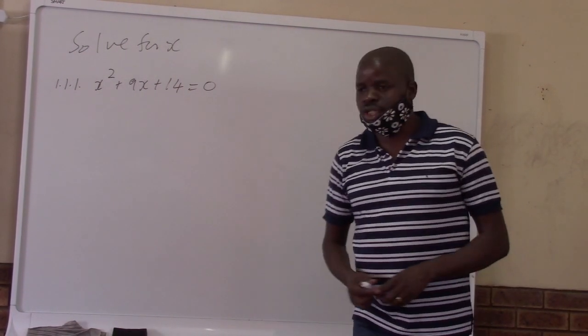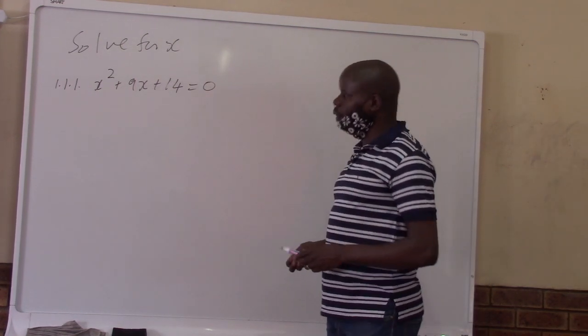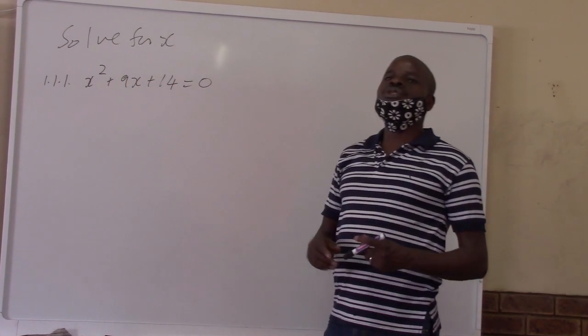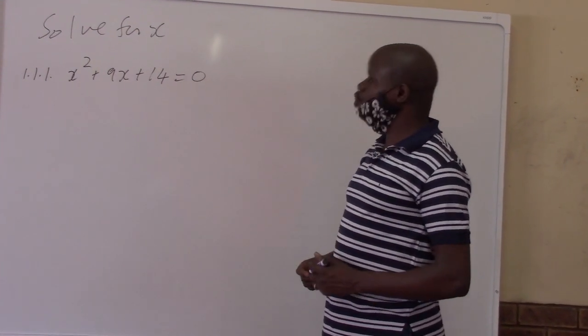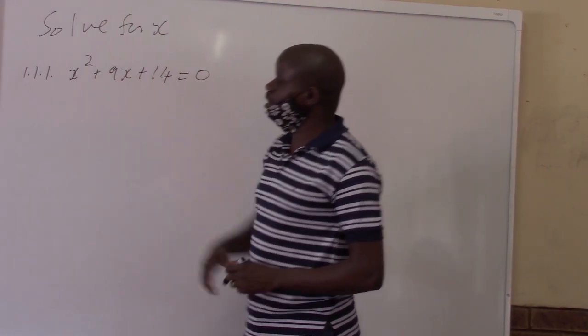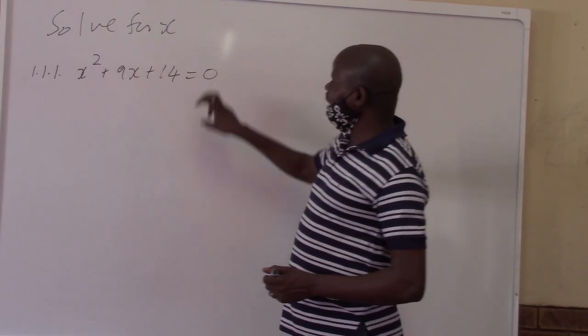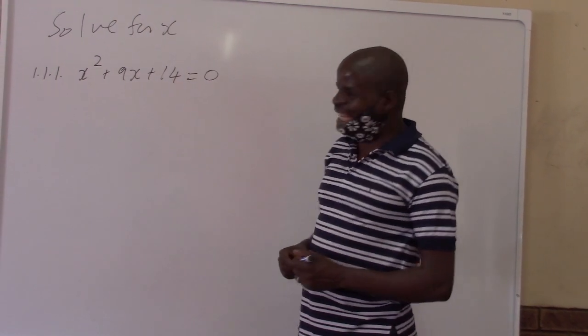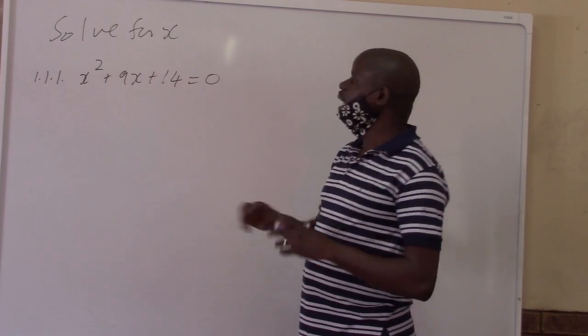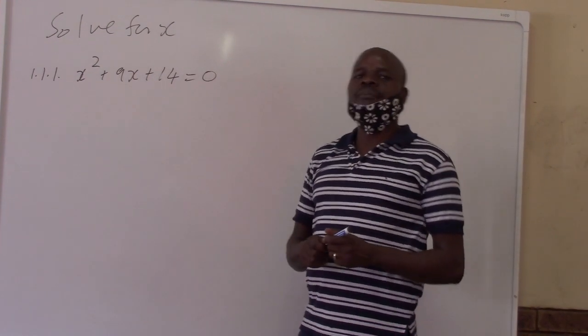That is the general algebraic equation. With this one, we use factorization to solve it. We look for the factors of the first term and the factors of the third term. When we have those factors, we multiply and we add. They must give us the middle term.